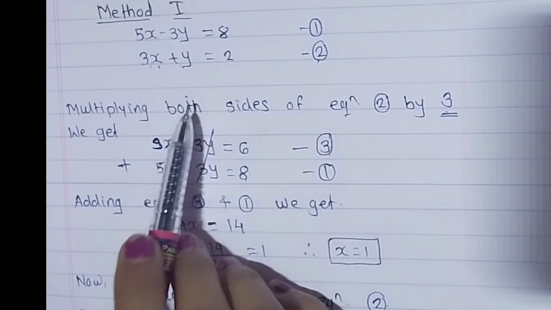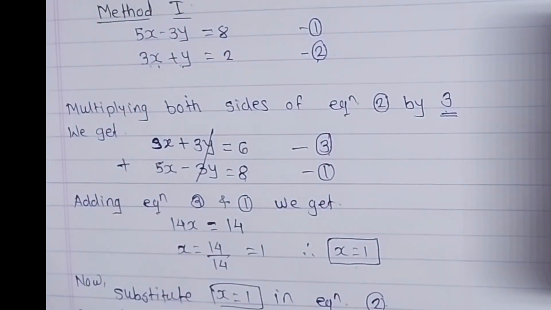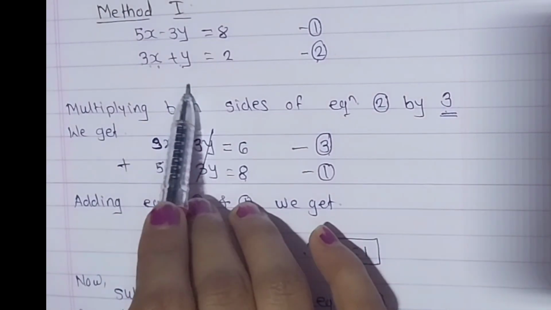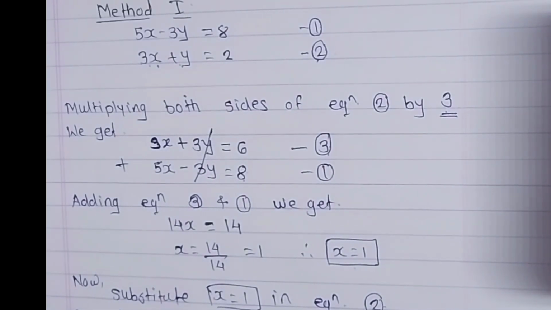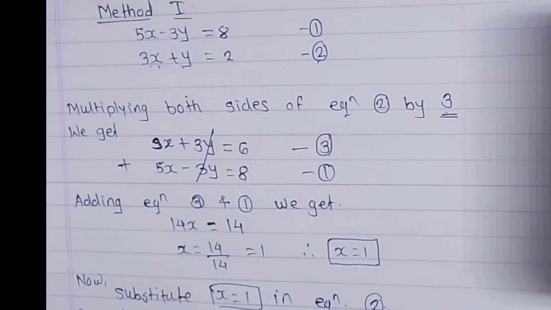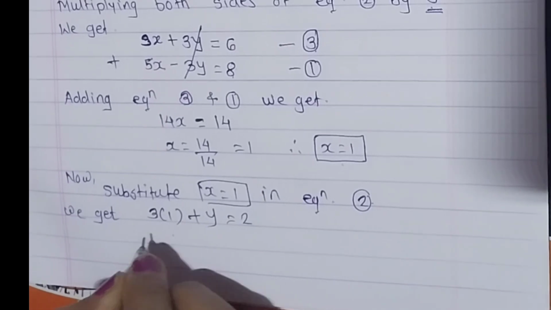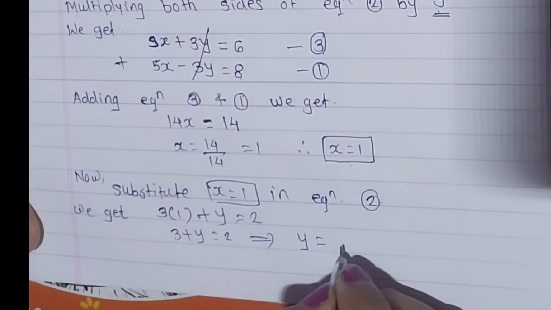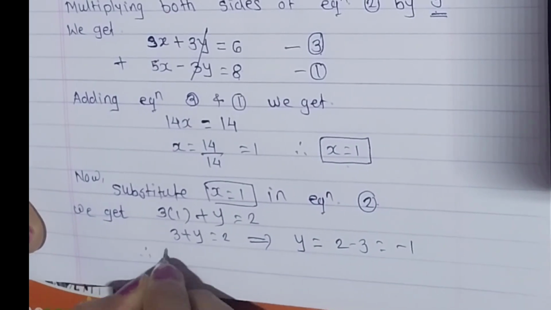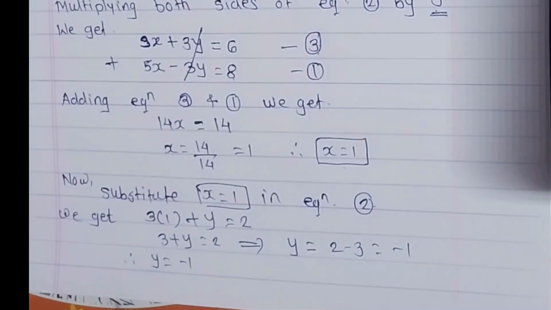Now substitute x equal to 1 in equation 2 to get the value of y. So equation 2 is 3x plus y is equal to 2. Now put x equal to 1 in equation number 2, we get 3 of 1 plus y is equal to 2. So 3 plus y is equal to 2.